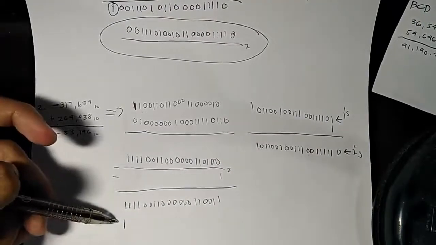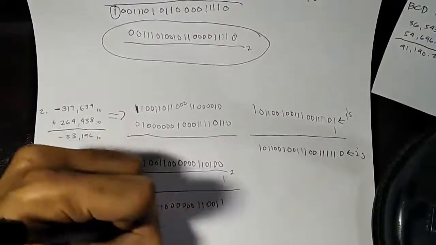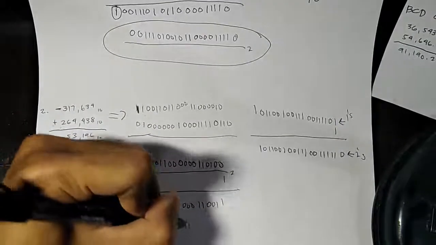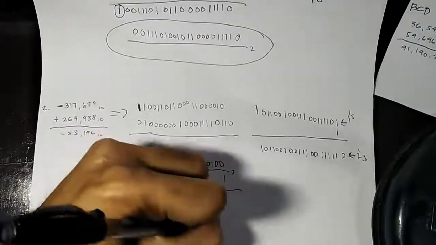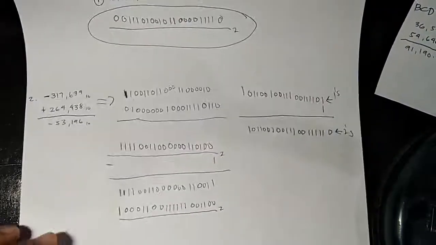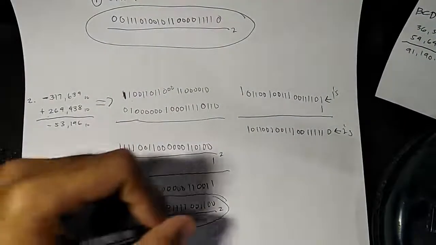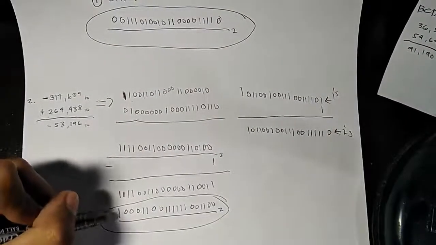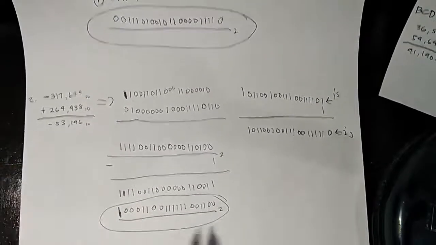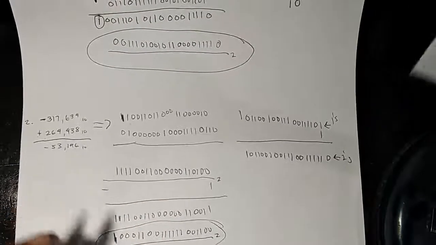This is the sign right here. If you compute this binary here, not including this because this is the sign, which stands for a negative sign, you'll get a decimal equivalent equal to here.